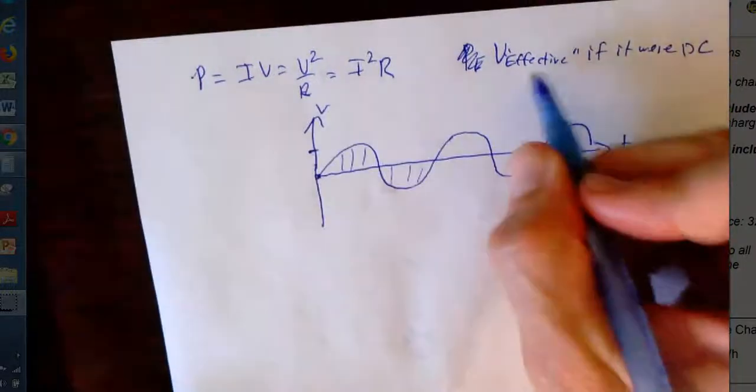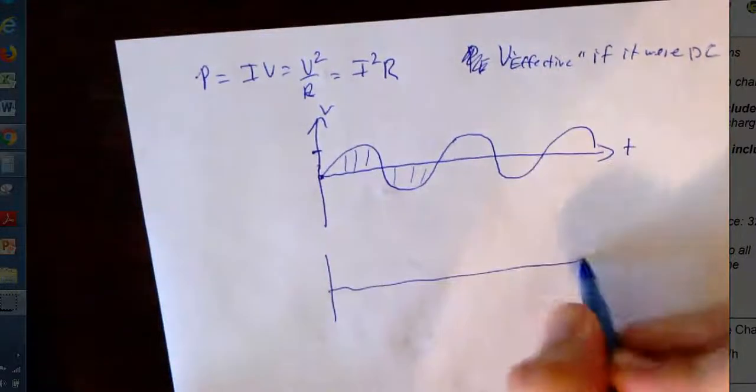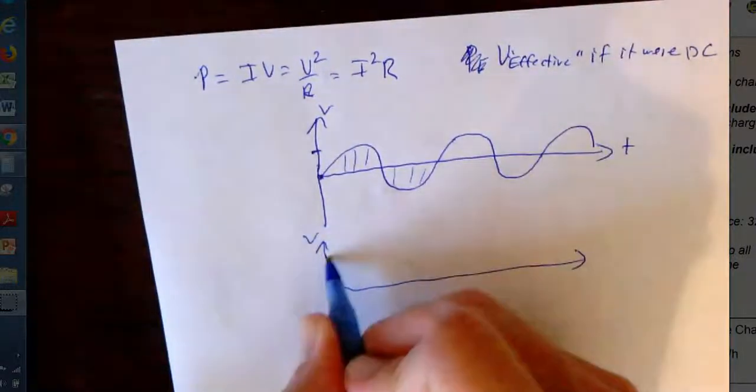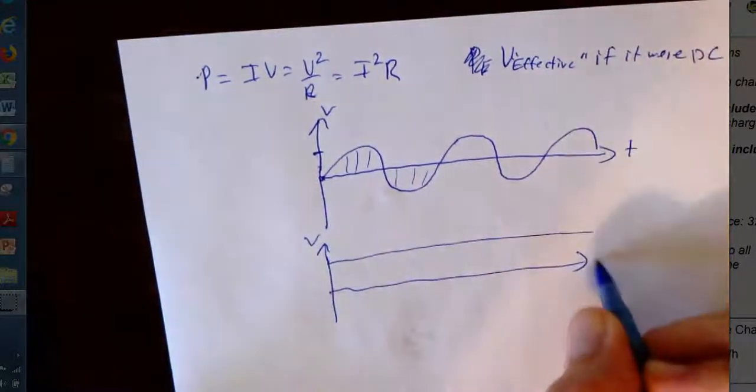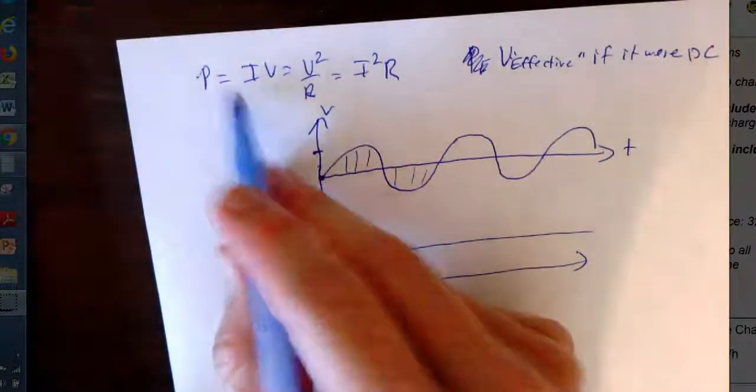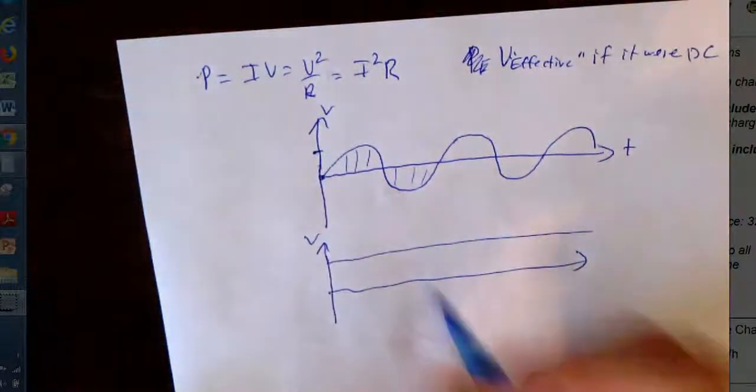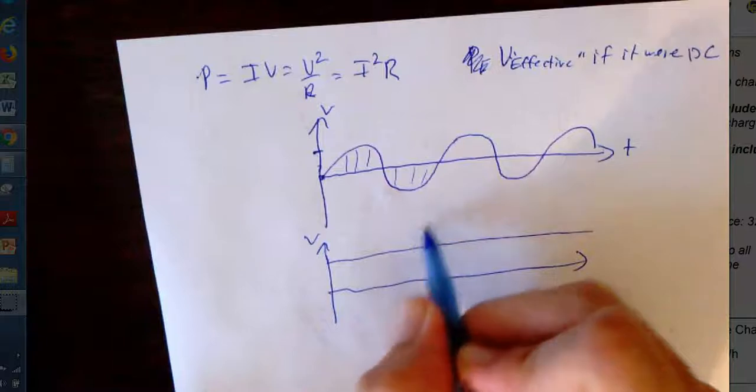Suppose that the voltage were DC, okay? And the voltage were the same the whole time, we would get power from that voltage. Well, this is really going up and down and up and down.